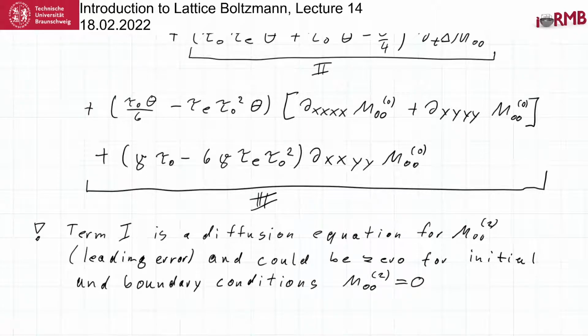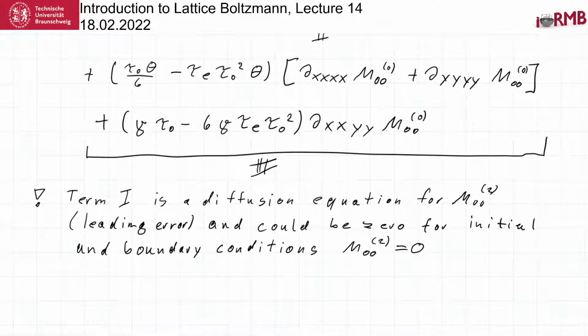So if we put initial and boundary condition to this guy equal to 0, and we simply solve a diffusion equation, this diffusion equation with initial condition 0 would be 0 for all time. So this would disappear, yeah? And this would be good because if it disappears, we have no further error.